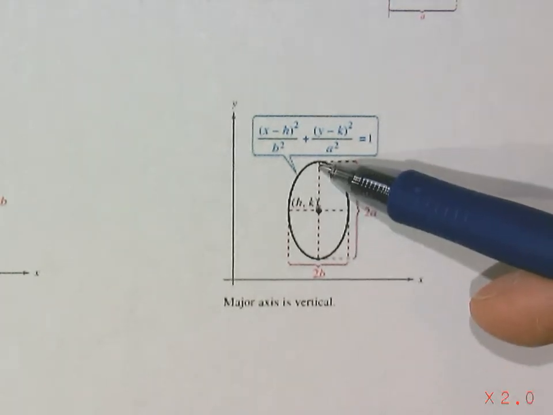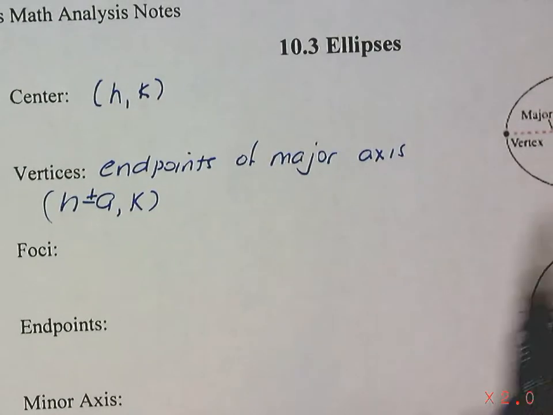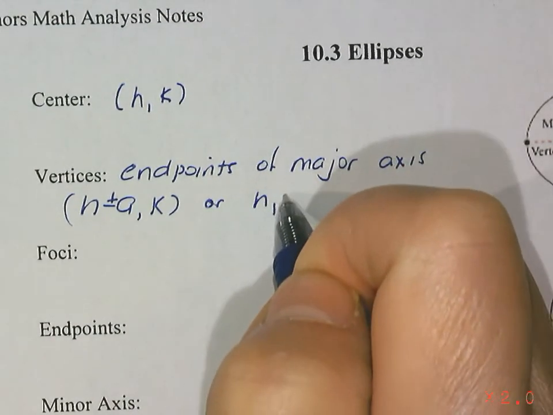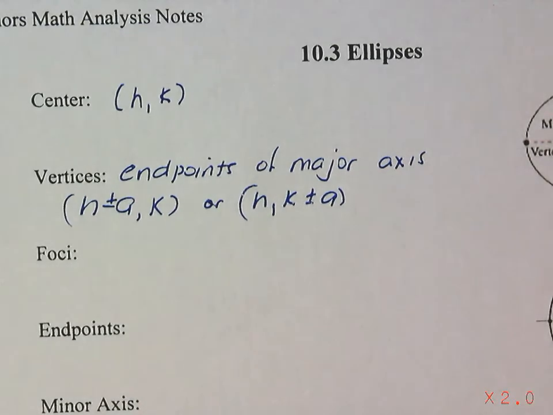So I'm going to have to go up a or down a. So the formula would be h, k plus or minus a. Once again, you do not have to memorize these formulas. I'll give them to you. They're not hard to memorize if you understand the concept.